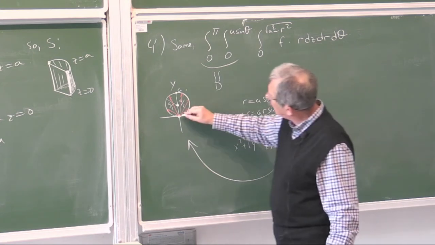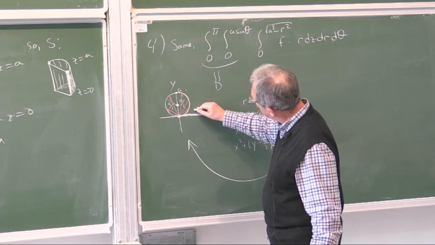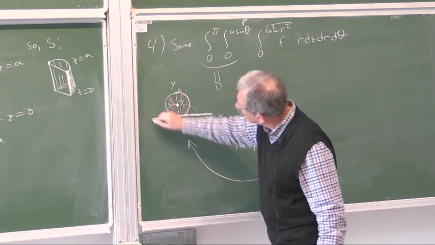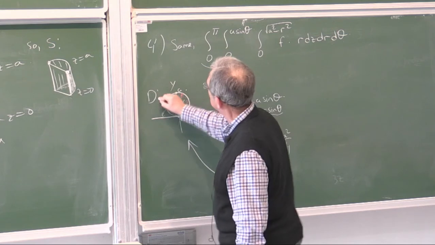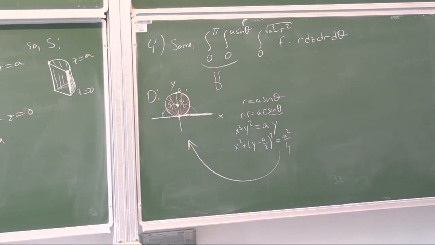Well, theta 0 is this one. And when theta increases up to pi, you have everything up to here. In short, this is D. Okay. So this is the projection on the xy plane.